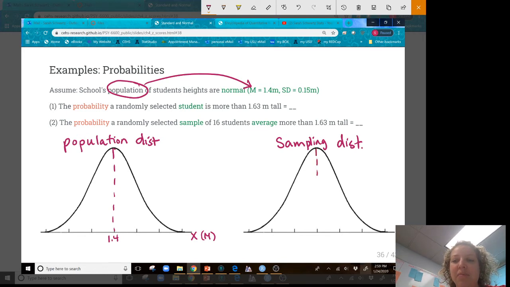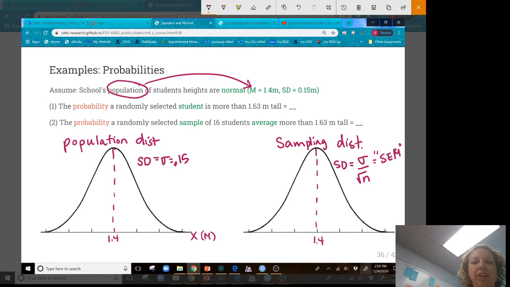The center of the sampling distribution is the same as the center of the population distribution if we had all-knowing power. The spread of the population distribution is sigma. The spread of the sampling distribution is sigma divided by the square root of n. This is also called the standard error for the mean.